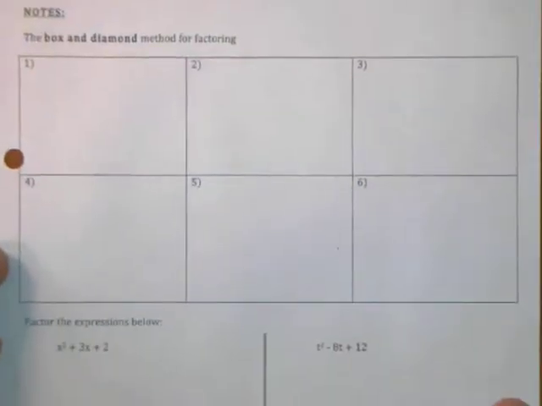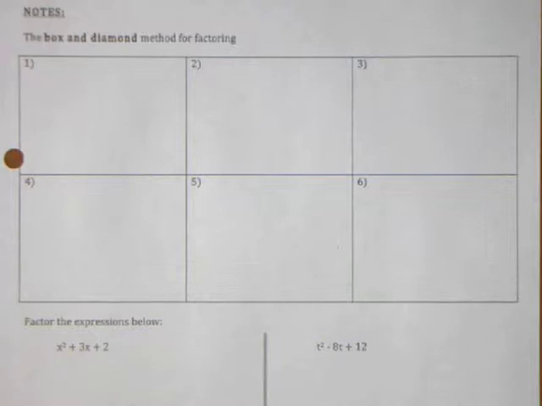Okay. The method is called the box and diamond method. Does anyone want to take a wild guess why I'm calling it the box and diamond method? Lily. Because it uses the box method and the diamond. Okay, it uses the box multiplying and solving diamond problems. Two things that we're, if not really good at, at least familiar with, and we've been exposed to.